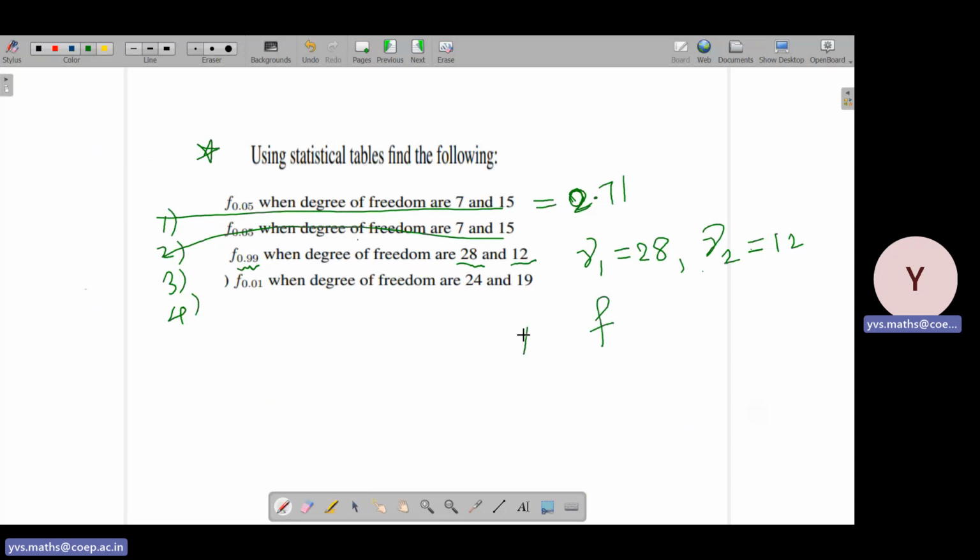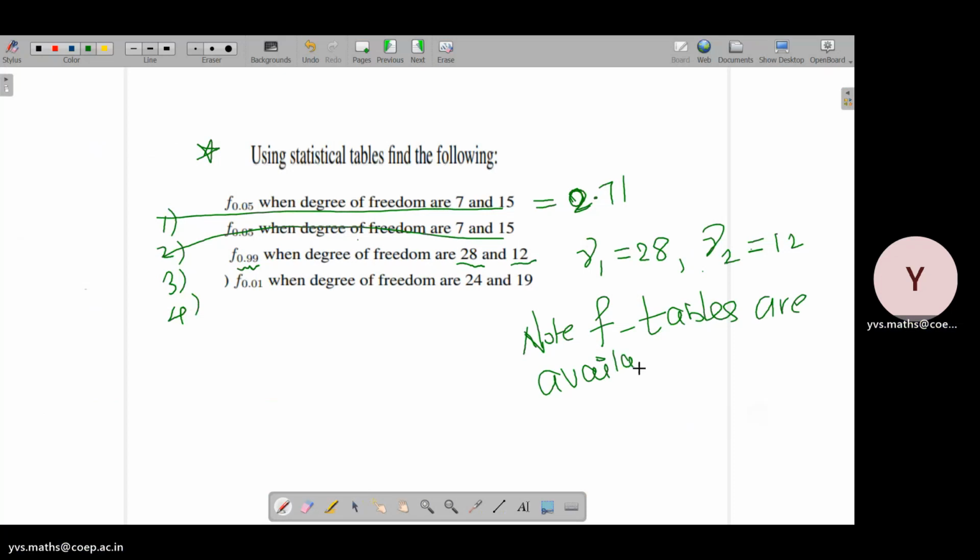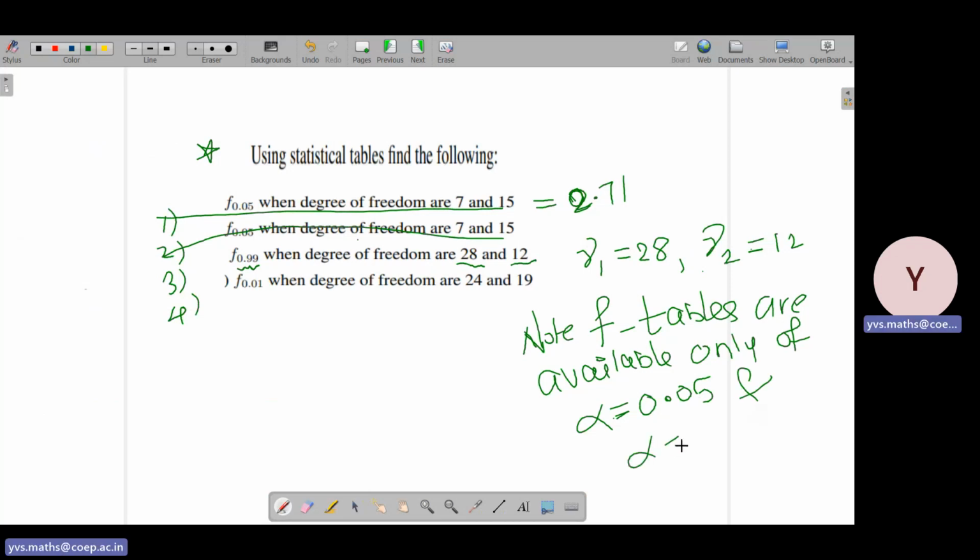First of all, note that f tables are available, in the statistical table I'm following right now, only for alpha equal to 0.05 and alpha equal to 0.01, which are written as the suffix of f.